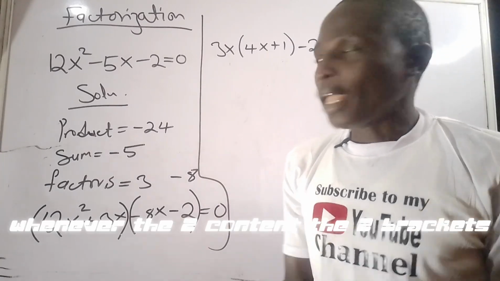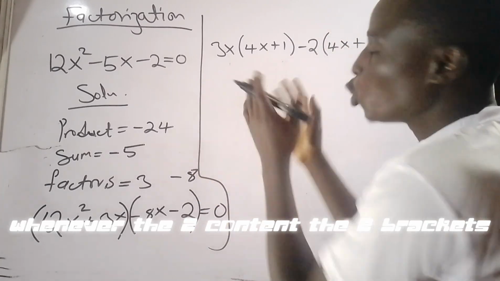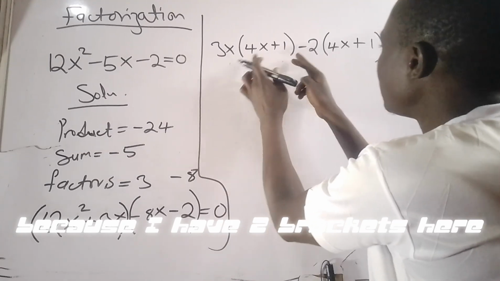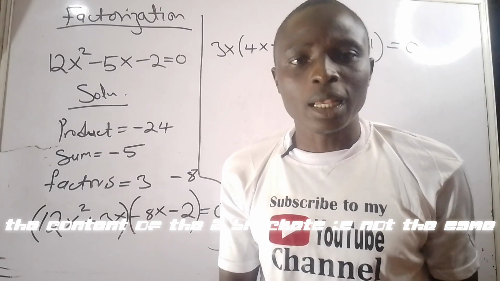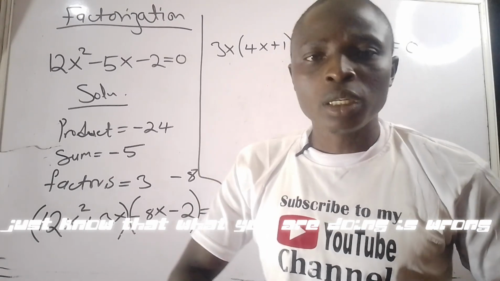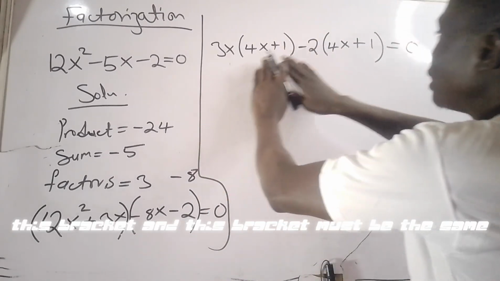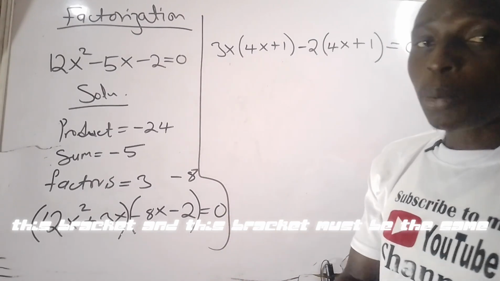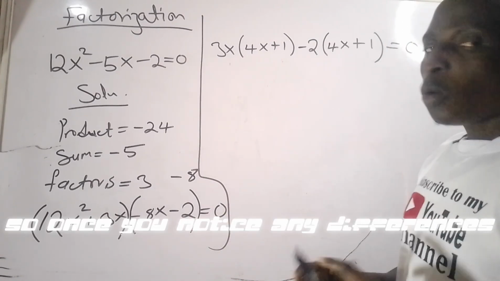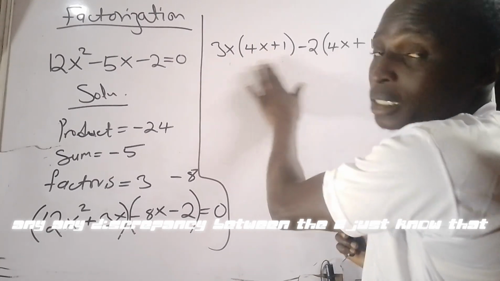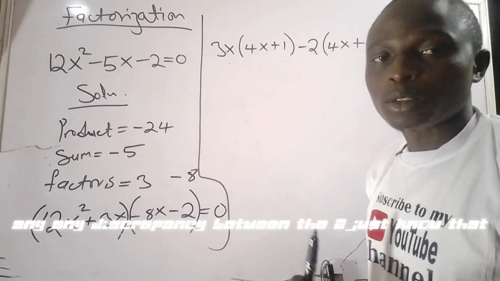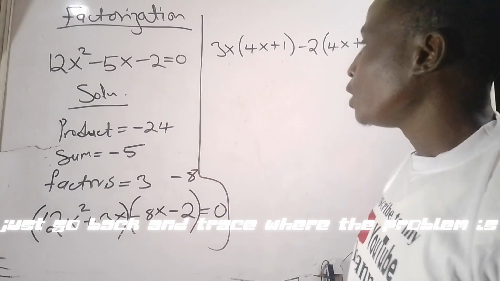Importantly, I have two brackets here, and whenever the contents of the two brackets are not the same, just know that what we are doing is wrong. This bracket and this bracket must be the same. Once you notice any discrepancy between the two, go back and trace where the problem is.